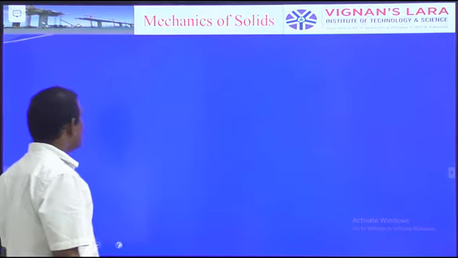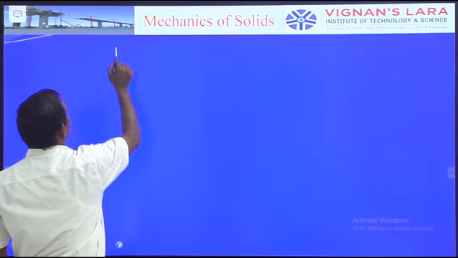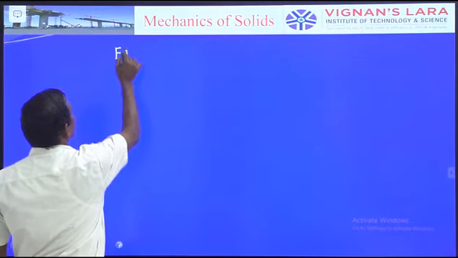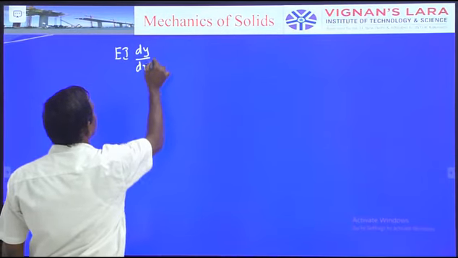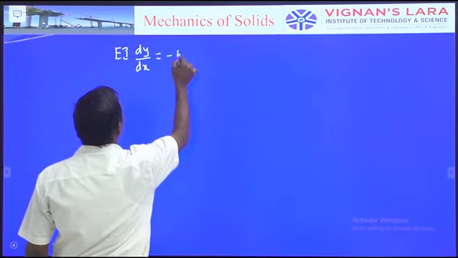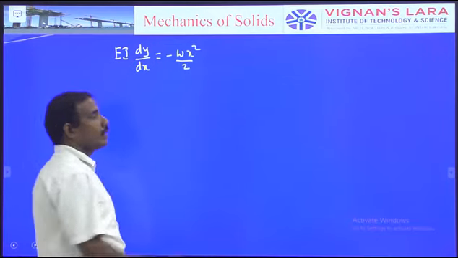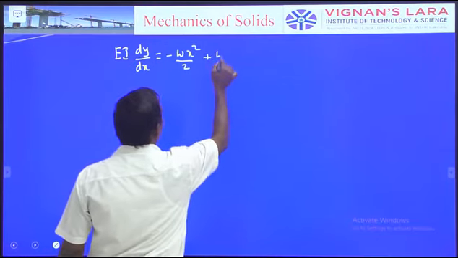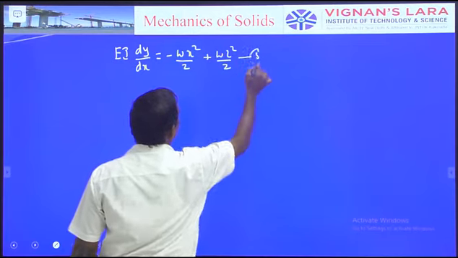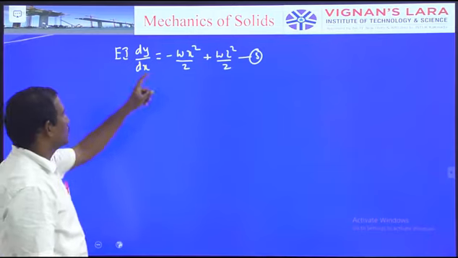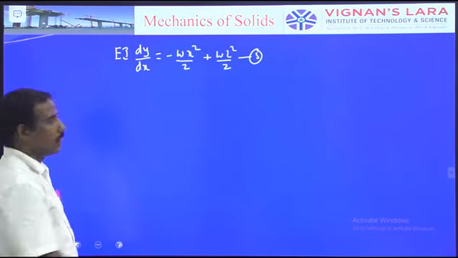For that, let us see the equation for slope: EI dy/dx = -wx²/2 + wL²/2. Say this is equation number 5. If we integrate once again, we will get the deflection.